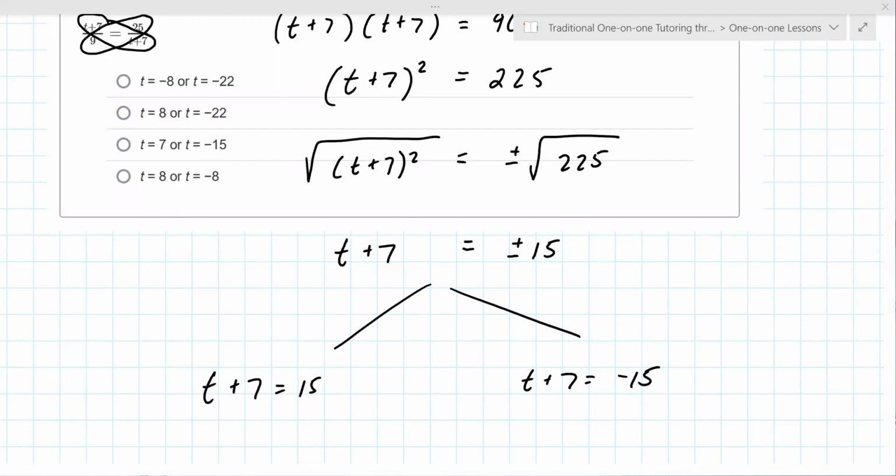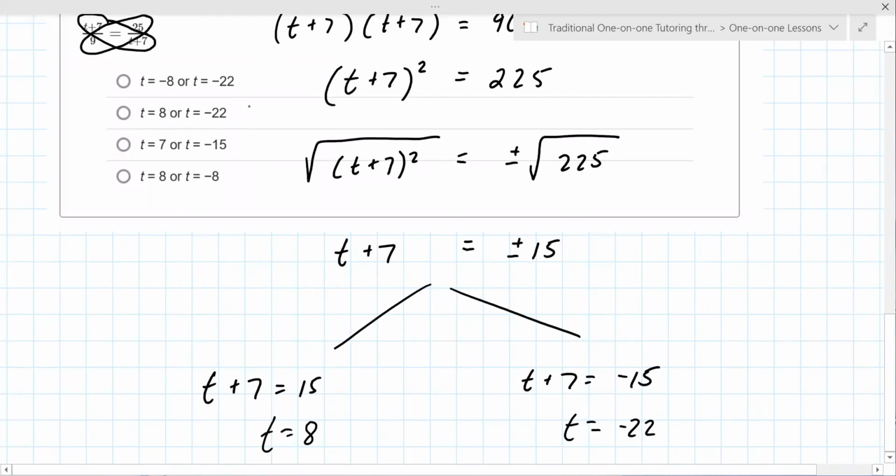So on my left, I get t equals 8, and on my right, I get t equals negative 22. Okay, so which is the correct answer? Letter B. Great.